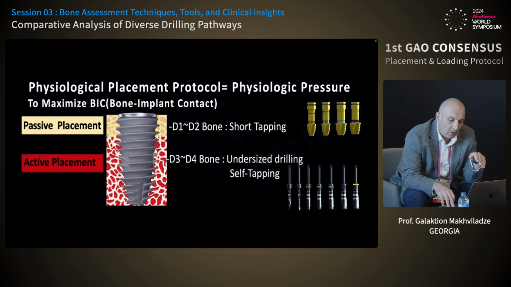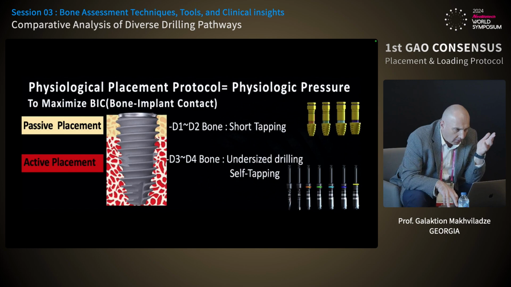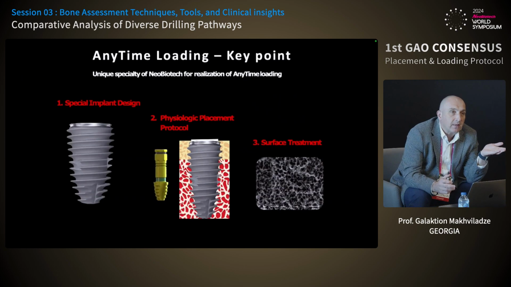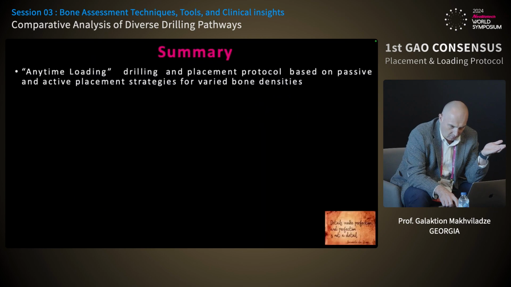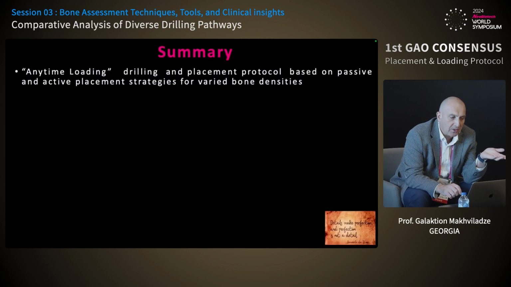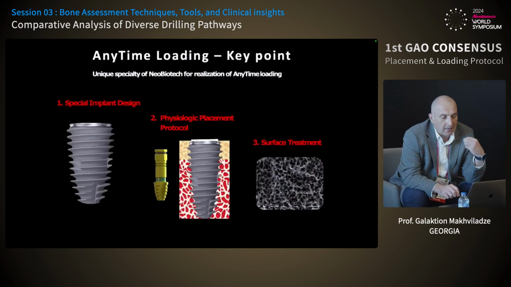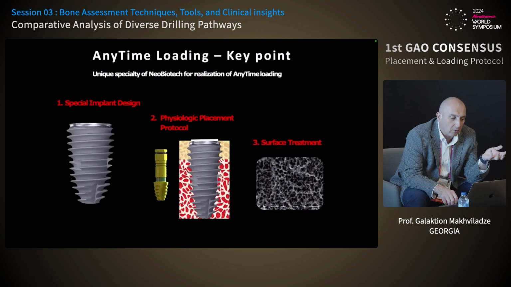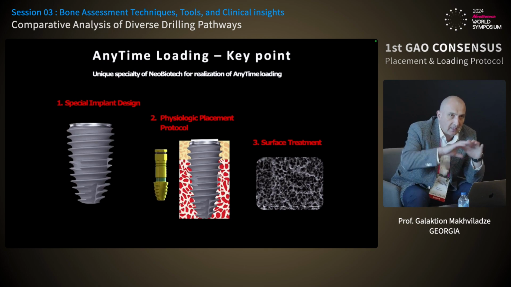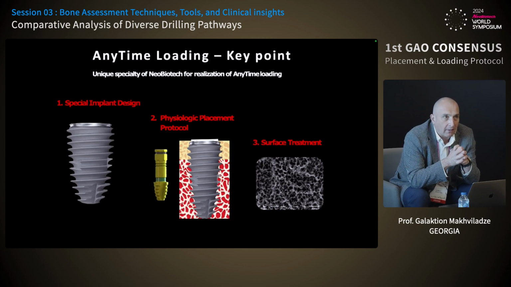Therefore, the any time loading concept is the special implant design plus physiologic placement protocol with cortical tapping and surface treatment. Thus, the three together give us reliable and unchangeable primary stability, which is maintained during the healing process.